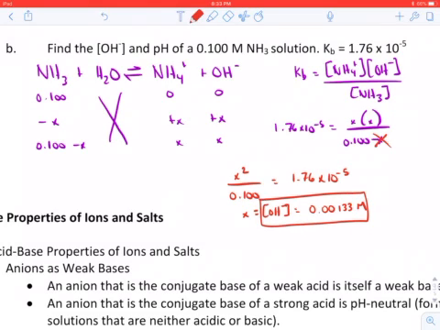And then we're just going to do what we did before. So to get from hydroxide to pOH, we'll take the negative log of that number.